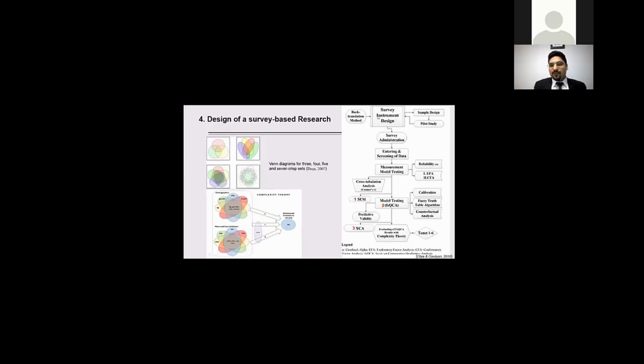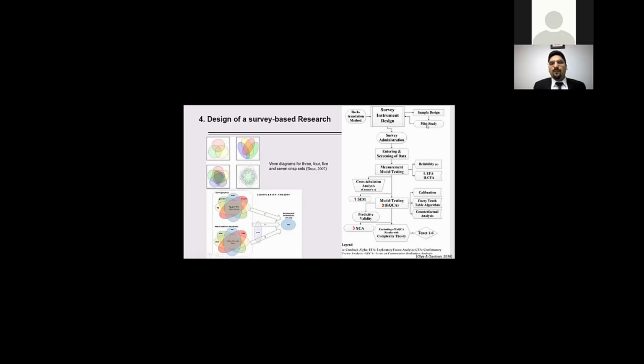I use this graph from one of my research. As you can see, you need to first design your survey instrument. You need to design a sample, the number of samples you want to collect based on the resources that you have, based on the time, money, and other factors that affect the number of items that you are going to employ.